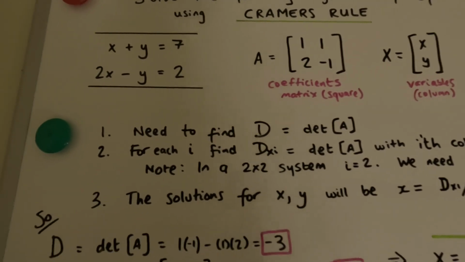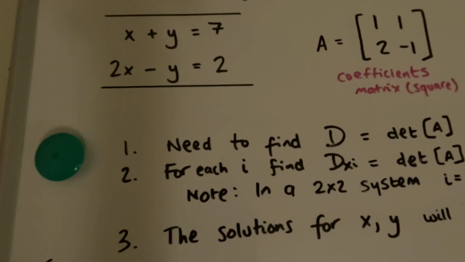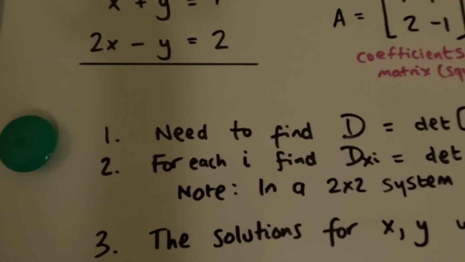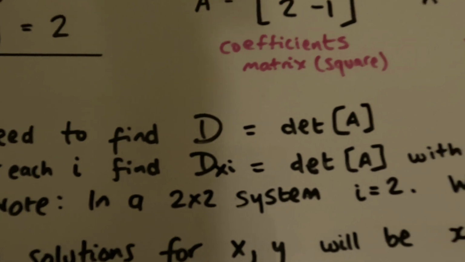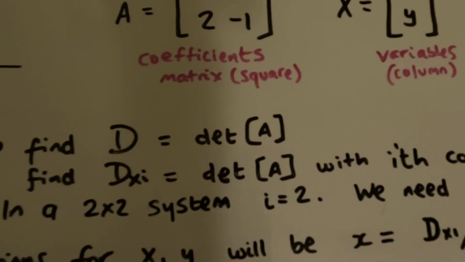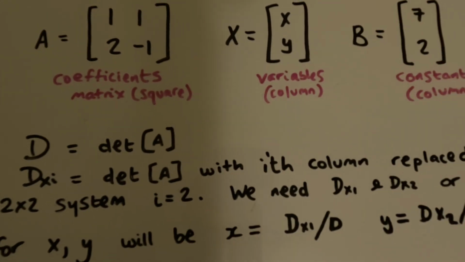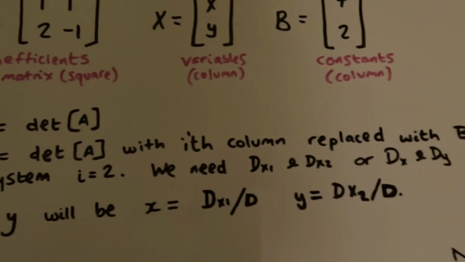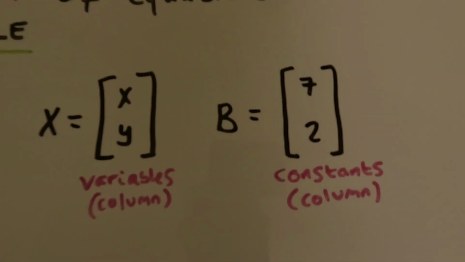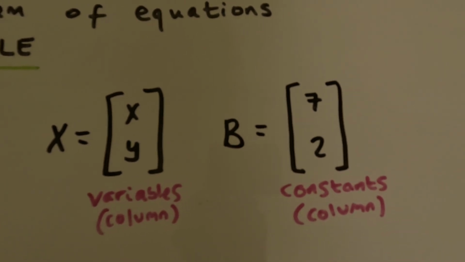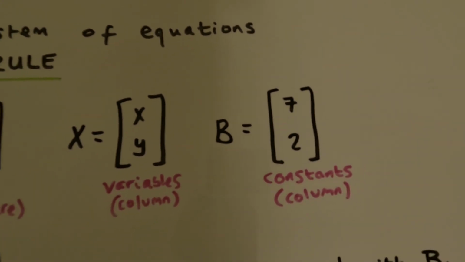However, we need two more determinants. So there's a little bit of work involved in this. For each i, we need to find dxi, which equals the determinant of A with the ith column replaced with capital B. So we replace the ith column with the column matrix 7, 2.